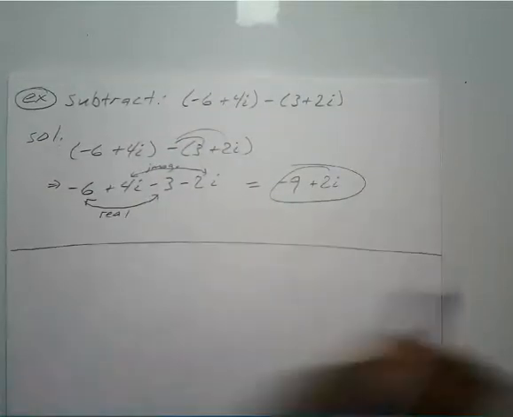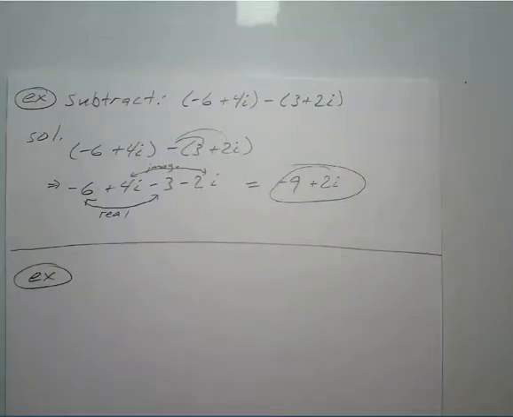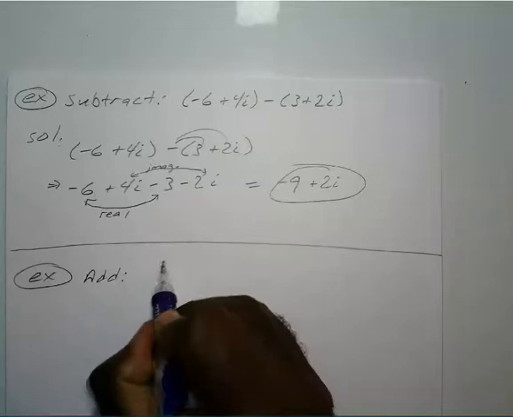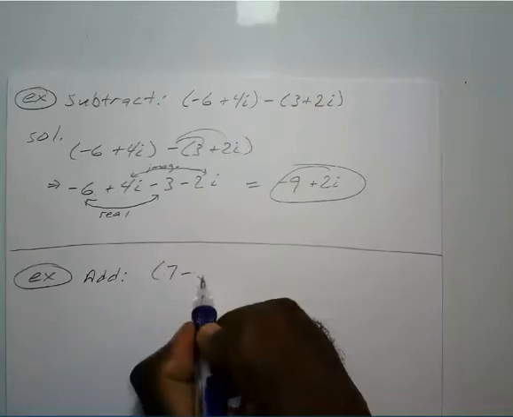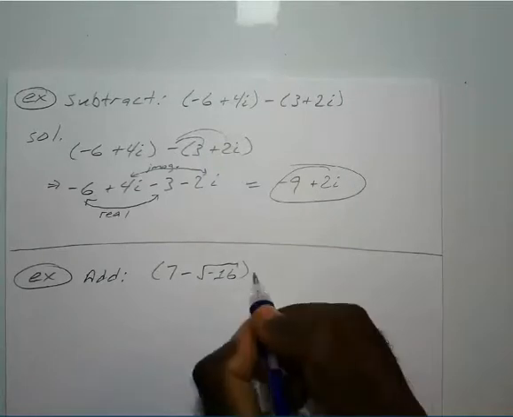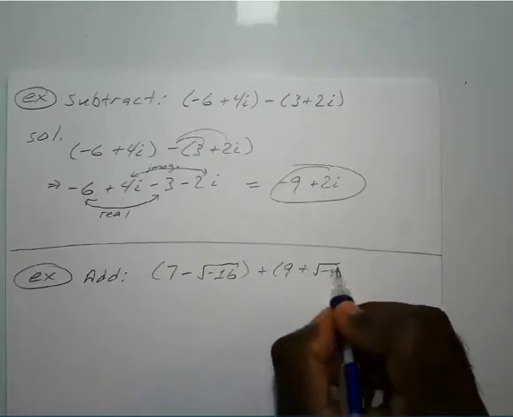Okay, so let's do one more example here. What if we wanted to add 7 minus the square root of negative 16 plus 9 plus the square root of negative 4?